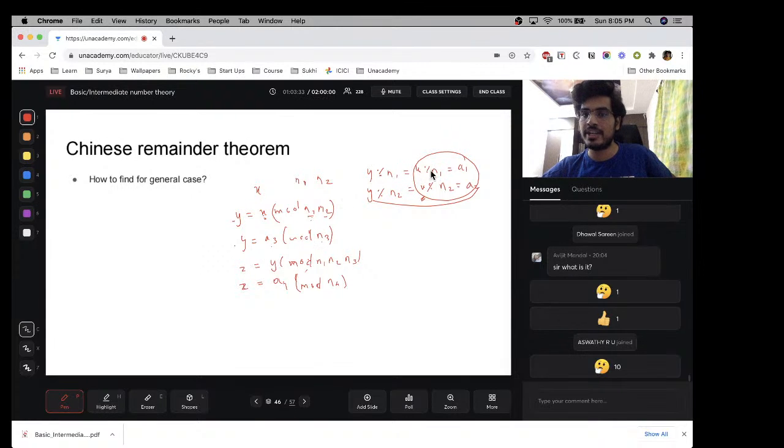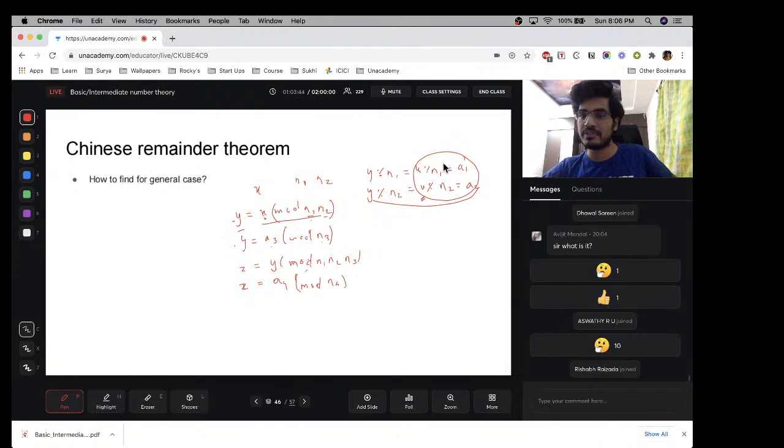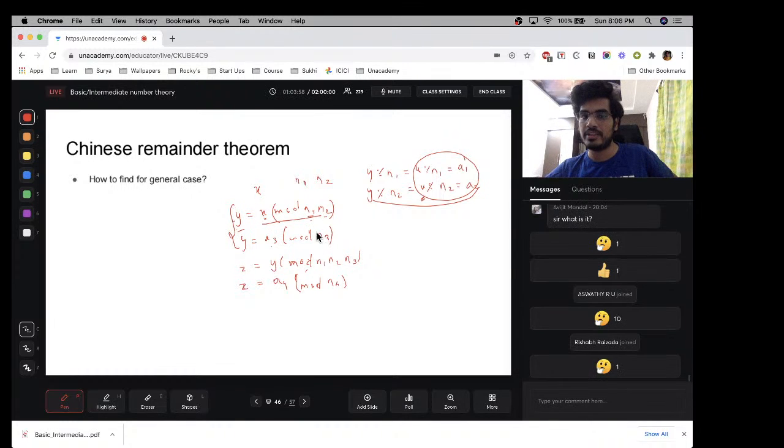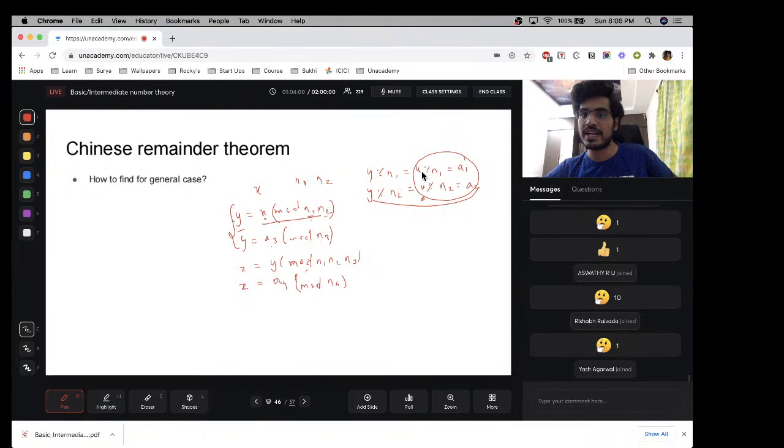If we find such a y which is equal to x mod n1 and n2, that y will also satisfy these two equations. If we found a y which satisfies these two equations, x mod n1 n2, a3 mod n3, then that y will also satisfy these two equations.